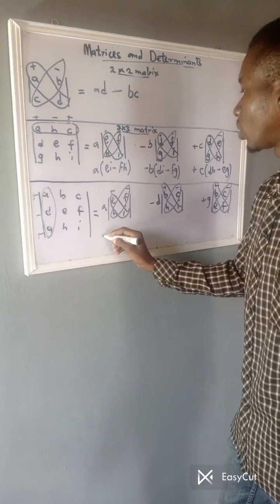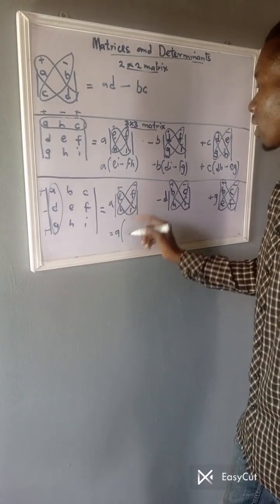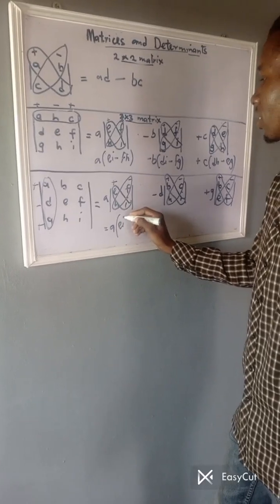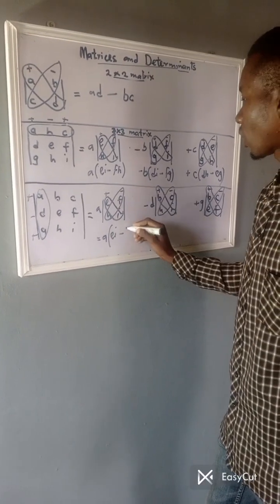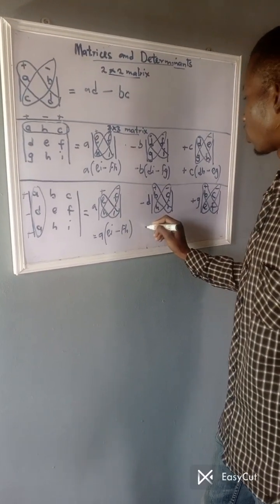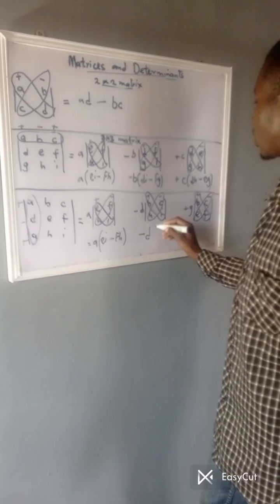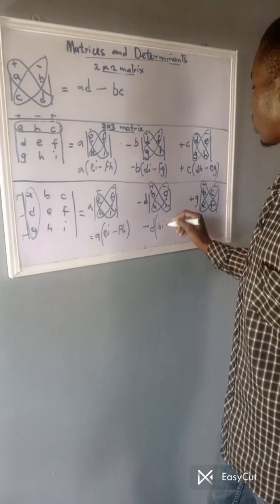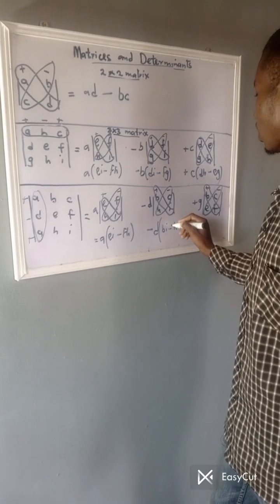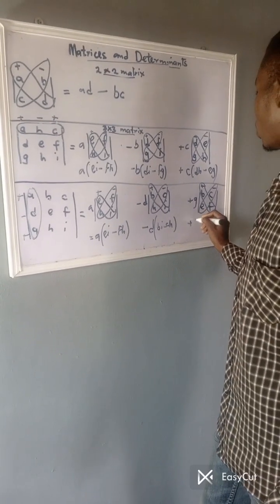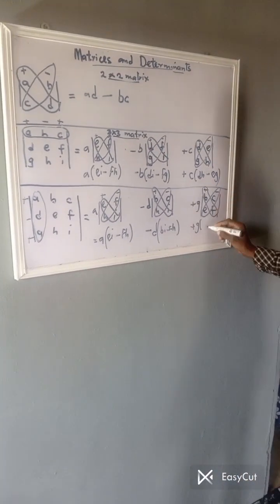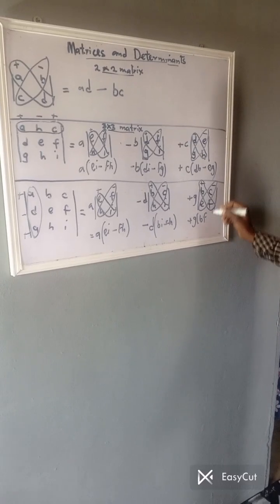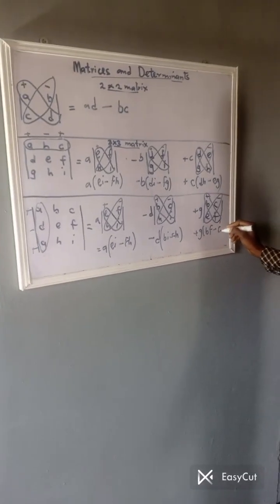So it's now equal to A times E times I minus F times H, then subtracting D multiplying B times I minus C times H, and plus G multiplying B times F minus C times E.